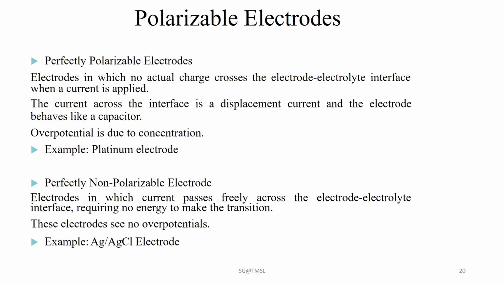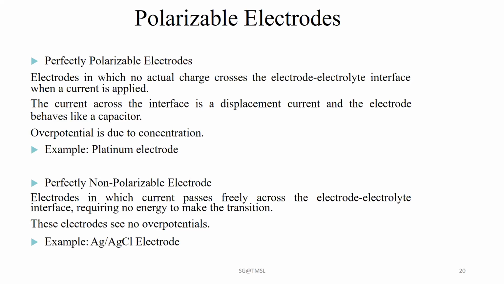In the case of a perfectly non-polarizable electrode, the current passes freely across the electrode electrolyte interface, and it requires no energy to make this transition. So these electrodes see no overpotentials. Example, the silver chloride electrode.